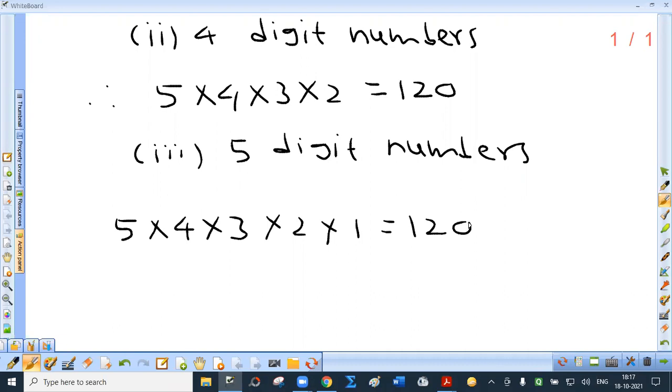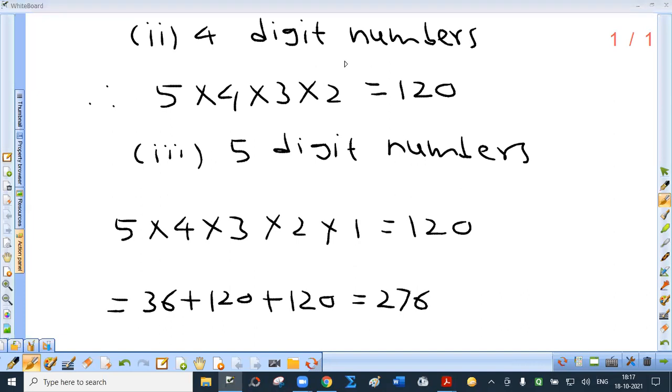Thus, total numbers greater than 400 equal to 36 plus 120 plus 120 equal to 276.